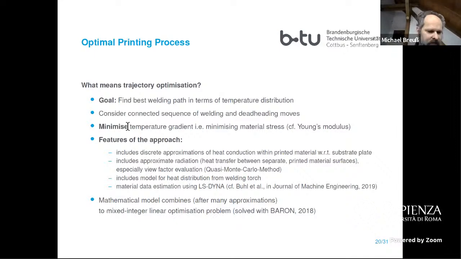So in any of these simulations, when you want to print this kind of hot metal, what you have is the heat conduction within the printed material itself. So let us imagine we print a rod, and we want to understand what is the heat conduction between two parts of the rod.